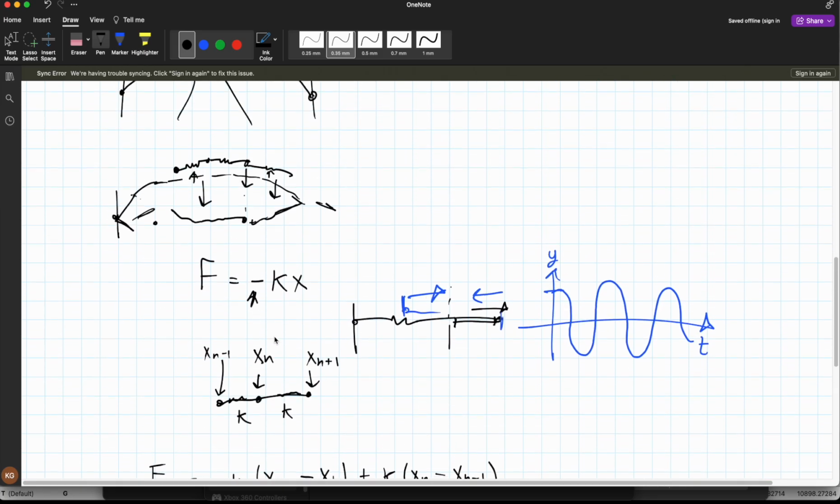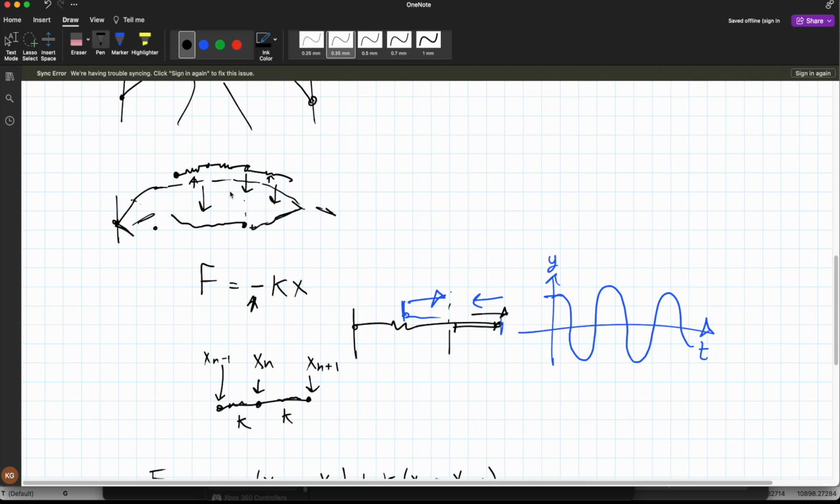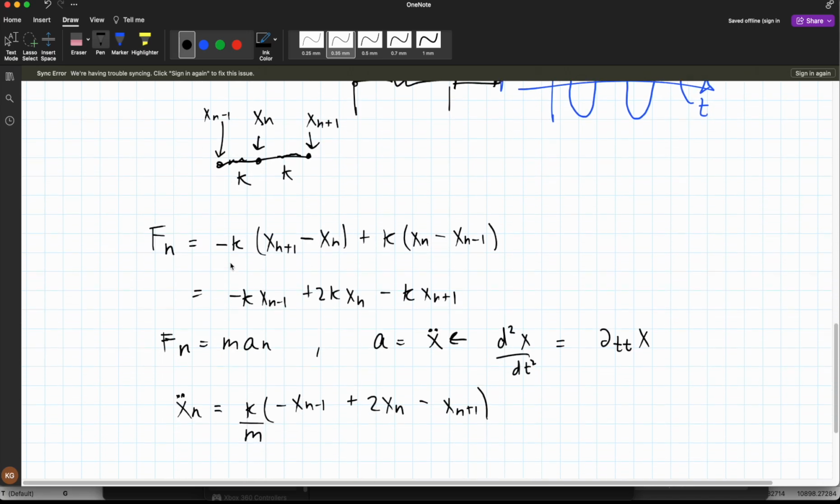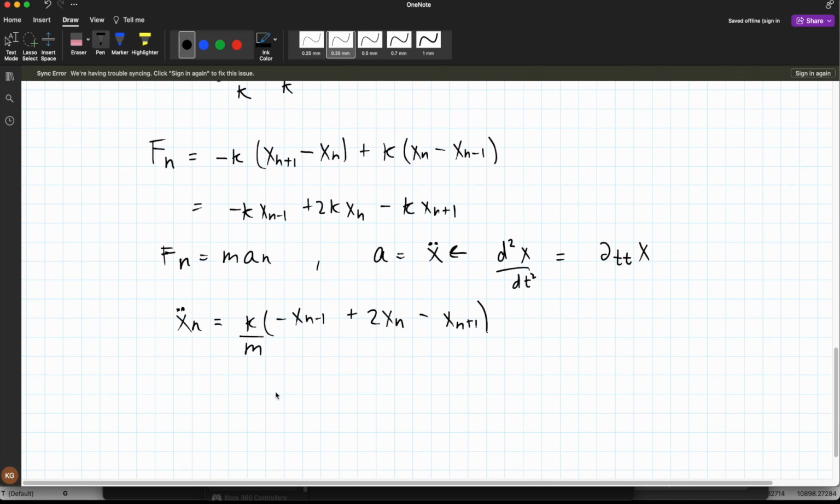Okay, sure, why not? Because we can imagine again with our material that the string is made out of, in reality, these springs and masses are really close together. So we can say x_n minus x_{n-1}, the distance between them, goes to delta x.